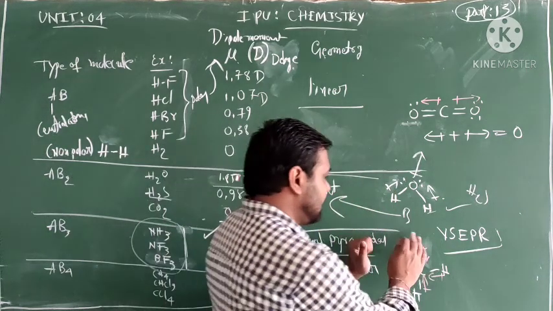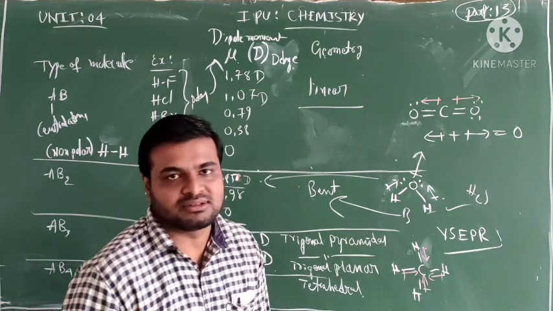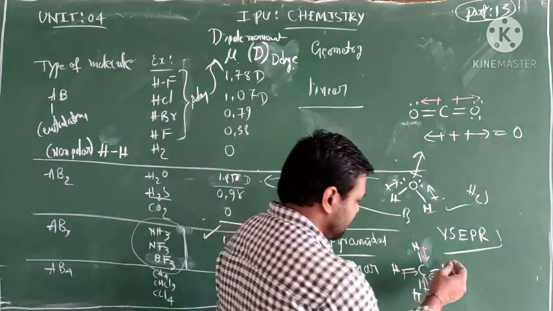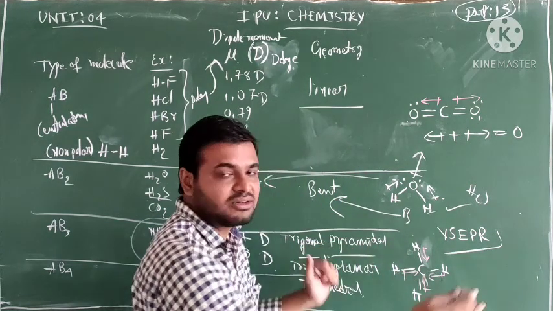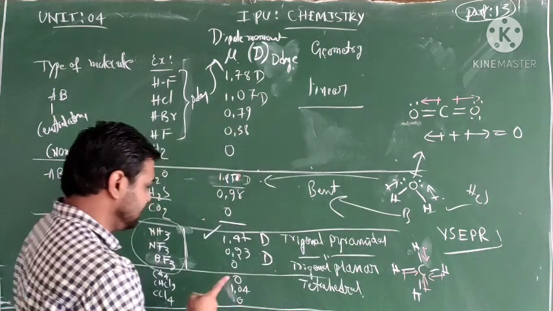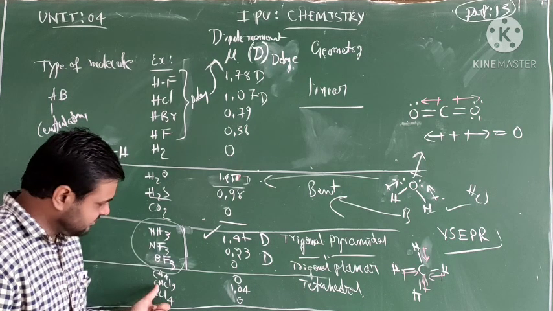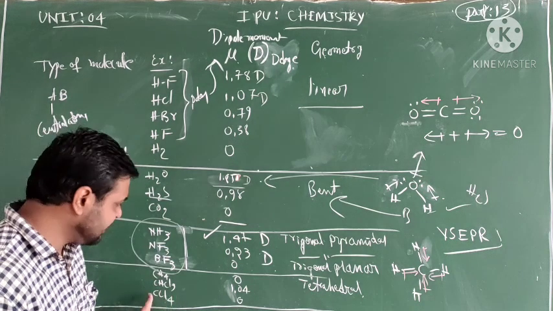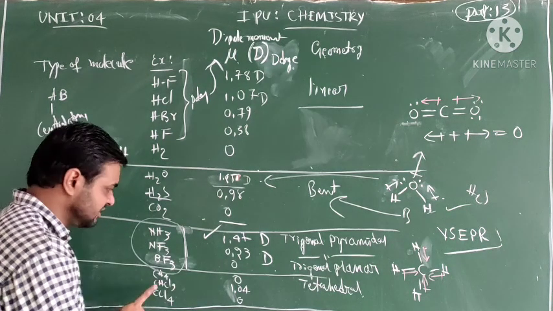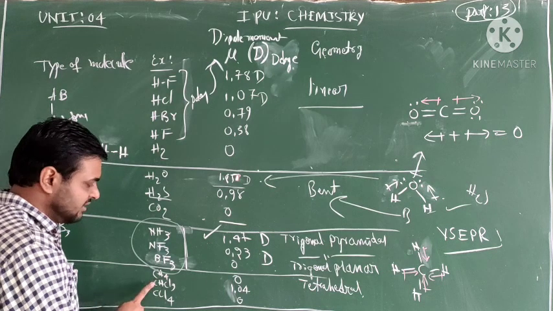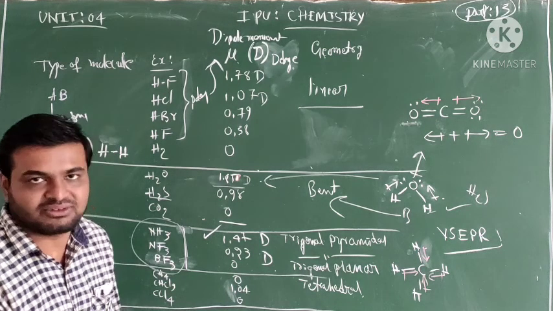So all four hydrogen atoms at the corners are moved towards the carbon atom, and all of those cancel out, making the net dipole moment 0. In carbon tetrachloride, this is also the same as methane. All of them cancel each other. But in NH3 they are not cancelled to get the value of 1.08.